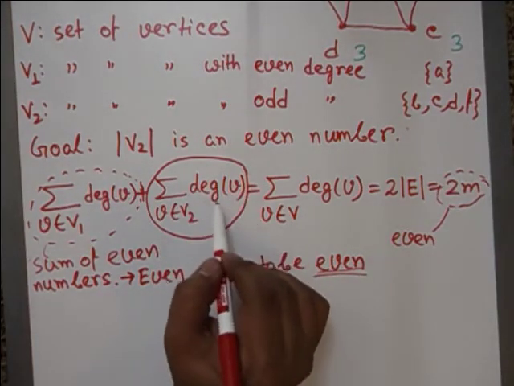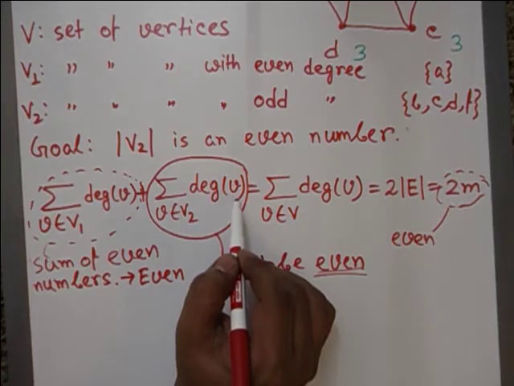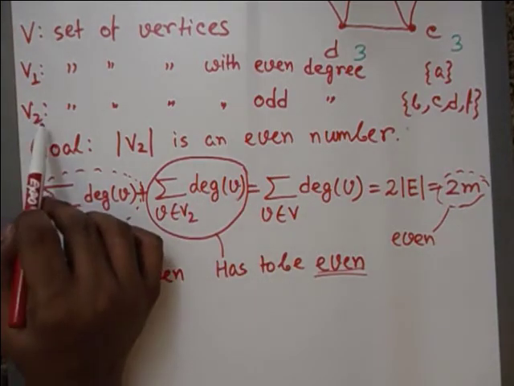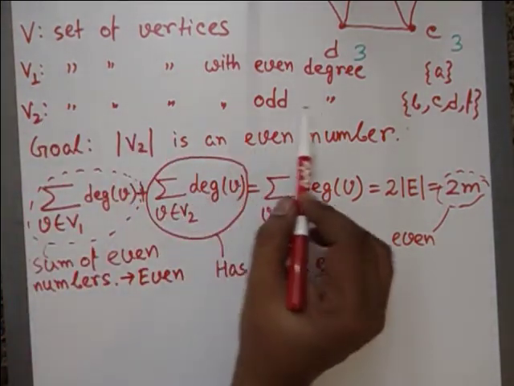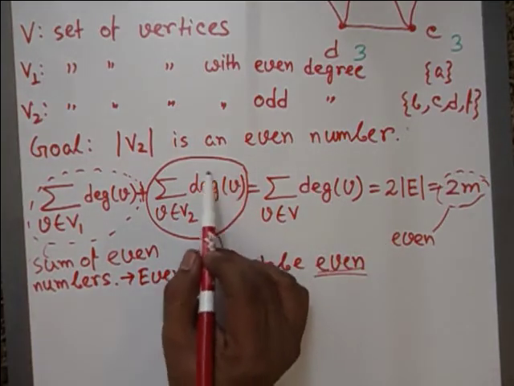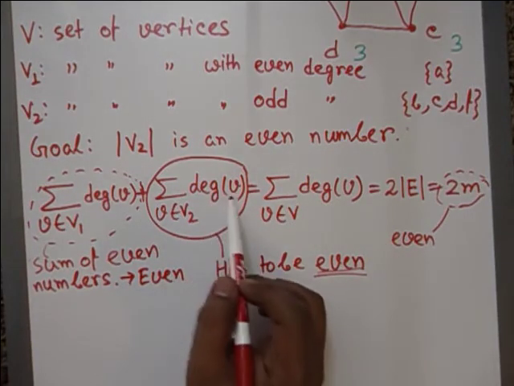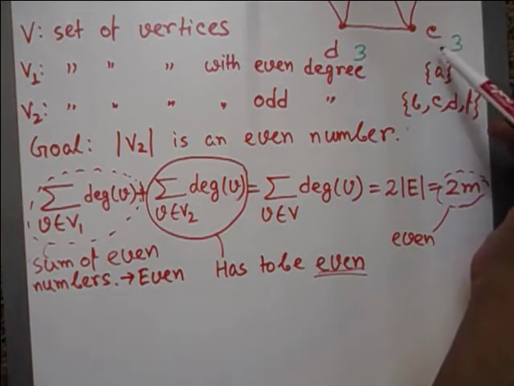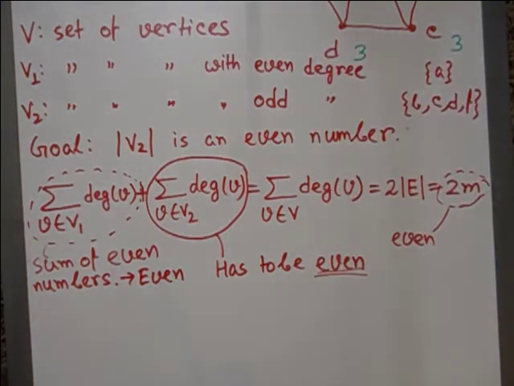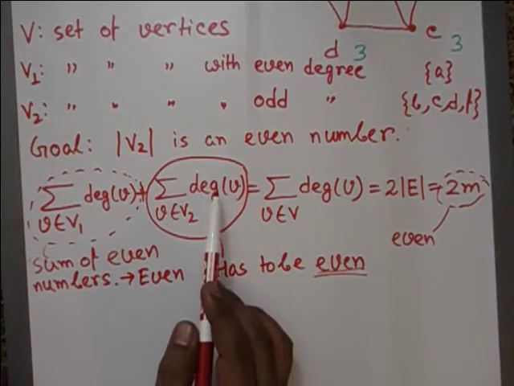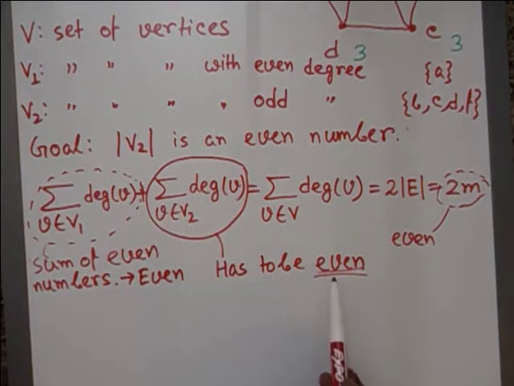All these degrees are odd numbers, because V2 is the set of vertices with odd degree. That means all of these degrees are odd numbers, like 1, 3, 3 and 1 in this example. So these are all odd numbers, and we are saying that they add up to an even number.